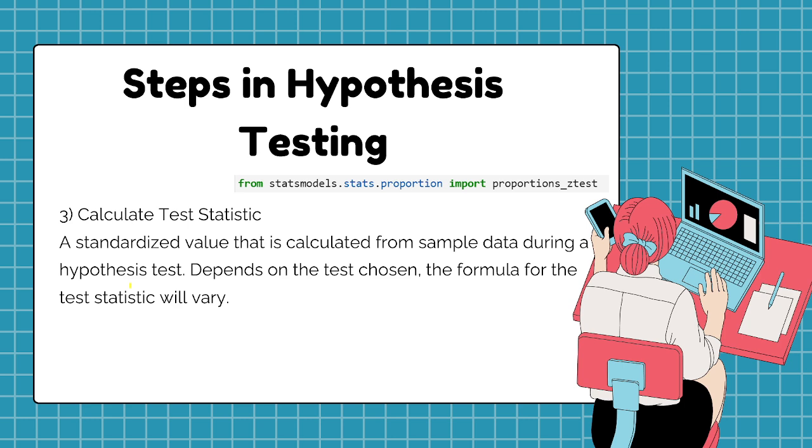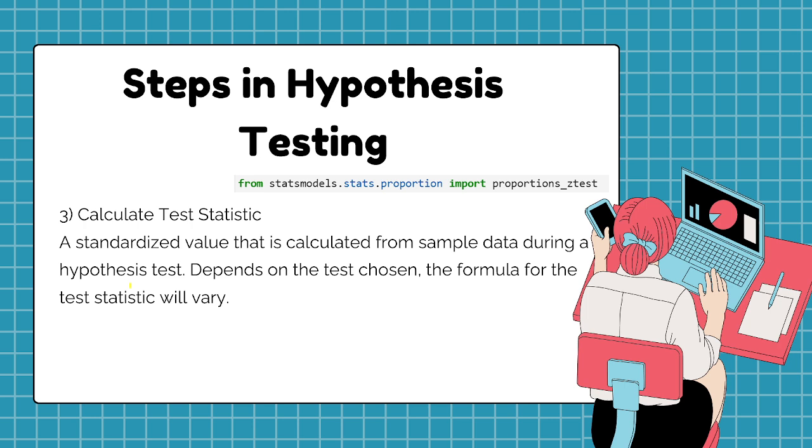Okay, so the third step is to compute the test statistic, based on which method is suitable to be applied. If we want a t-test, that means computing the test statistic based on the t-test, or based on the z-test, or based on ANOVA. This test statistic is a standardized value computed from sample data during hypothesis testing.